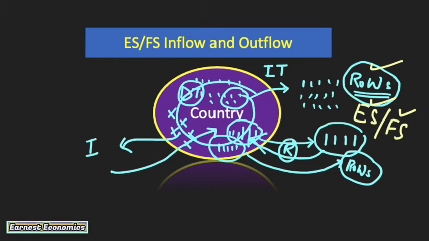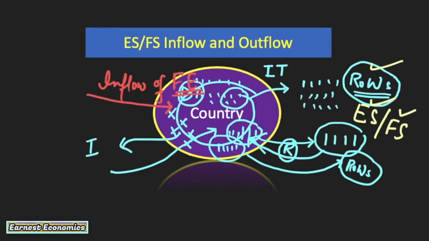At this point, it is very important for us to understand that when money comes to a country, whether it is through trade, through remittances, or through investment or any other means, we call it inflow. So there will be inflow of what we call foreign exchange or foreign currency. Foreign exchange means foreign currency.